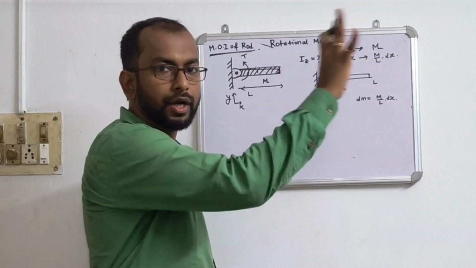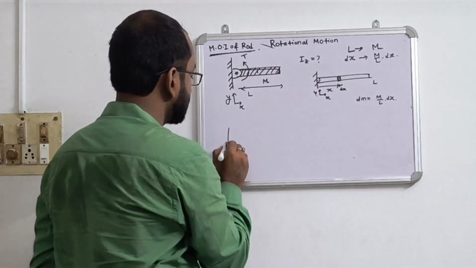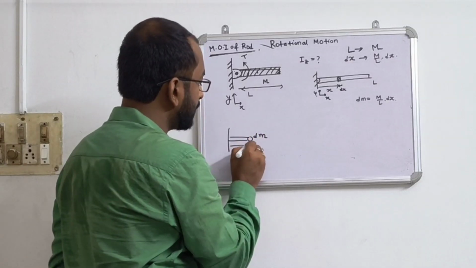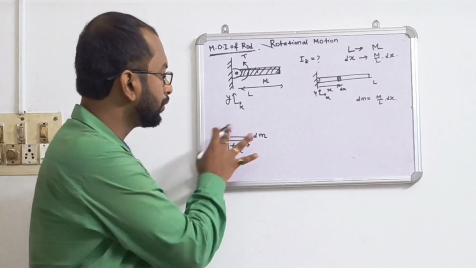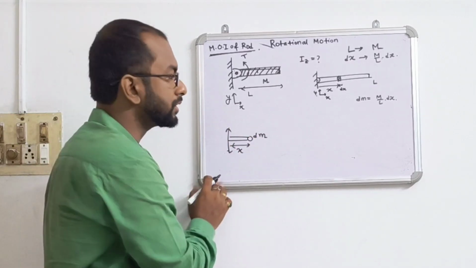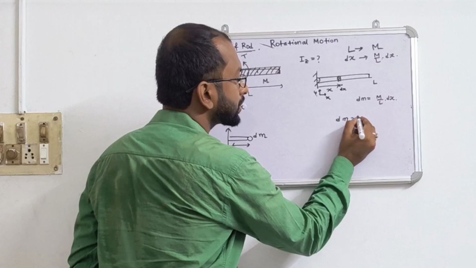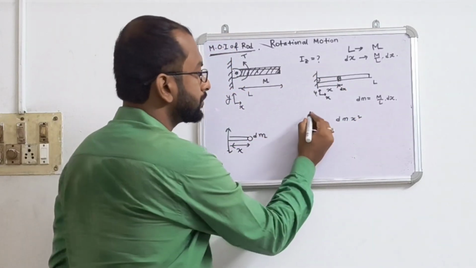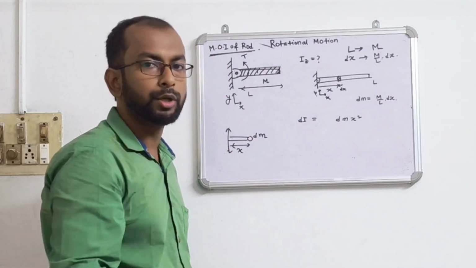Now, forget the other parts. Only this dm mass right now is located at distance x from the axis of rotation. What is the moment of inertia of this dm mass? dm into x square, because x is the distance from the center of rotation. That is a small moment of inertia dI, because dm mass will constitute a small moment of inertia dI.